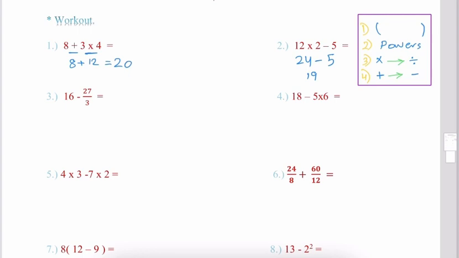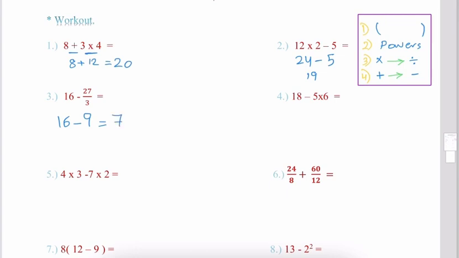So in this question, I have minus and I have divide. And of course, as you can see, in my order, divide comes first. So I will start by dividing 27 by 3, which is 9. Then I would perform the subtraction operation, which is 16 minus 9, which is 7.